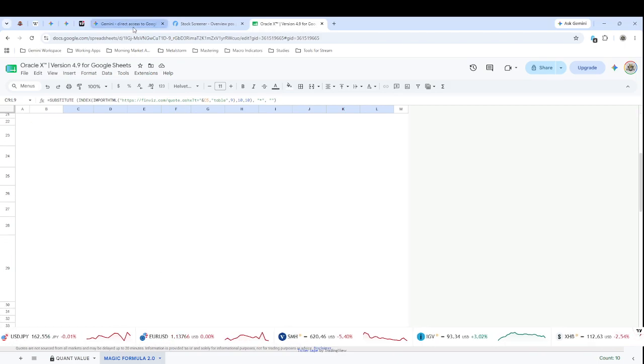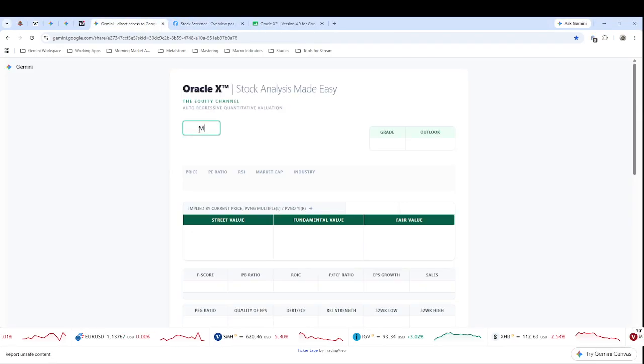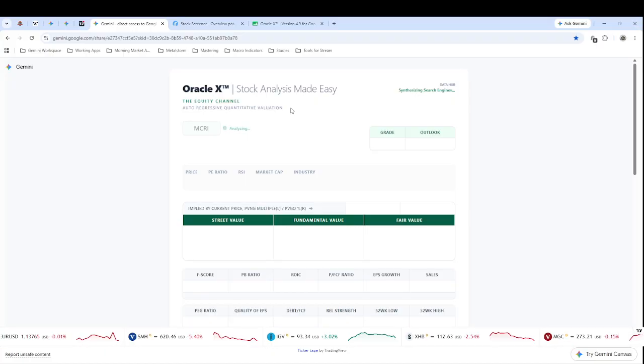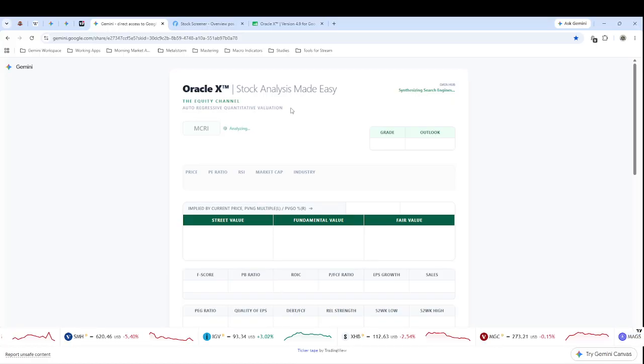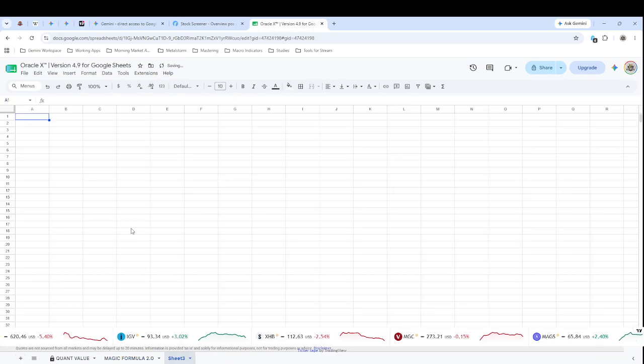So let's first go and look to see what they're looking like. Let's go MCRI. We're gonna rank them ourselves here. So it's actually good that I have to rank them myself, right?